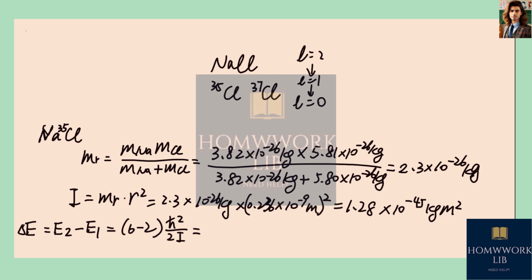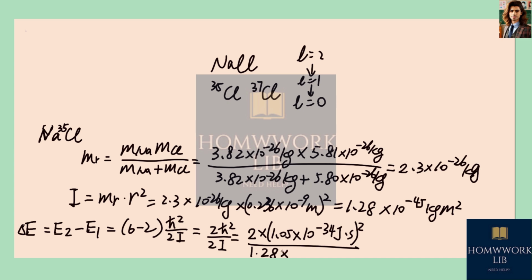So this is just equal to 2 h bar squared over 2I, which is 2 times 1.05 times 10 to the negative 34 joule second, squared, over 1.28 times 10 to the negative 45 kilogram meter squared. And together, this is equal to 1.734 times 10 to the negative 23 joule.